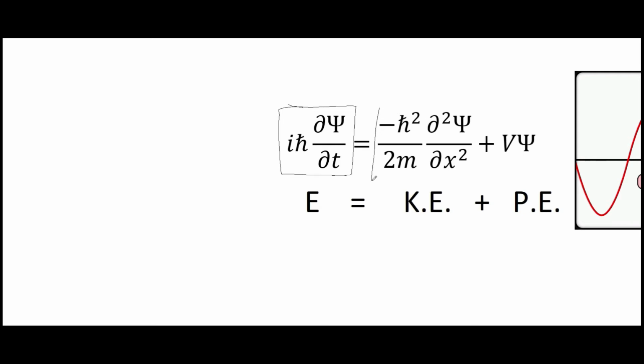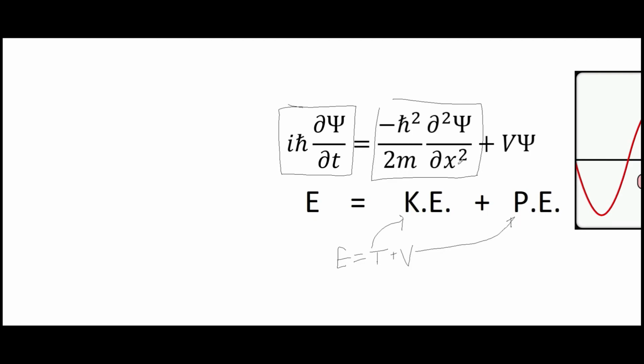Then we have our potential, which is often just denoted as an uppercase V here. So you'll often see it written as E equals T plus V, where T is the kinetic energy and V is the potential energy.